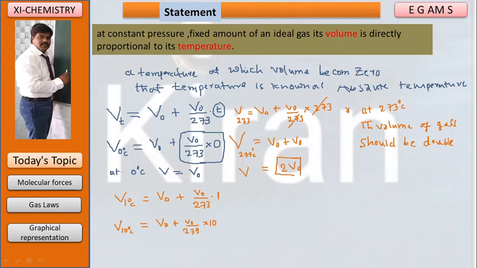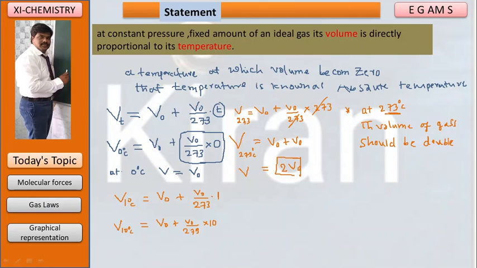Any gas, at 273 degree centigrade temperature, when you heat it, the volume doubles. When you take 2 liter, at 273 degree centigrade the gas volume becomes 4 liter. When you take 5 liter initially, at 273 degree centigrade temperature the gas volume becomes double.